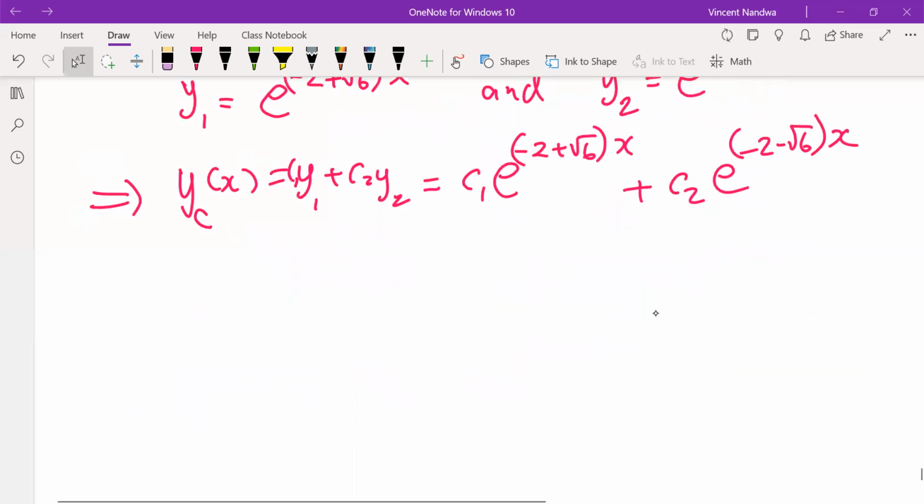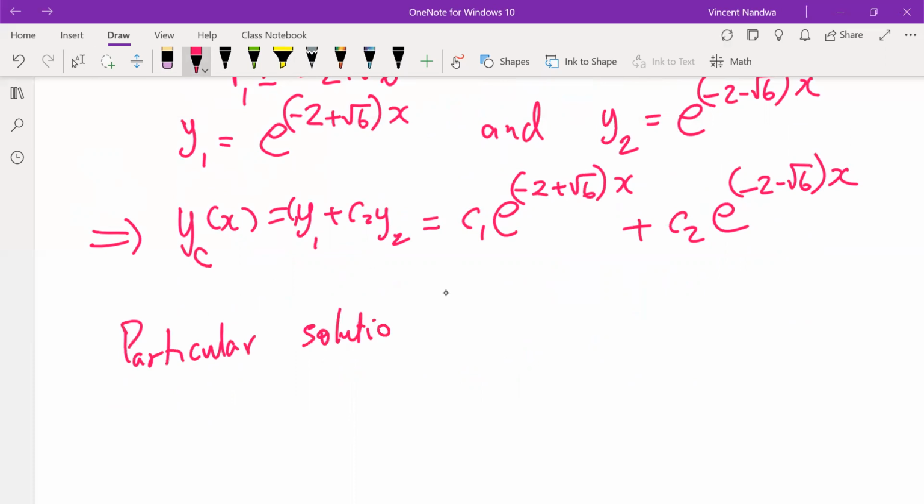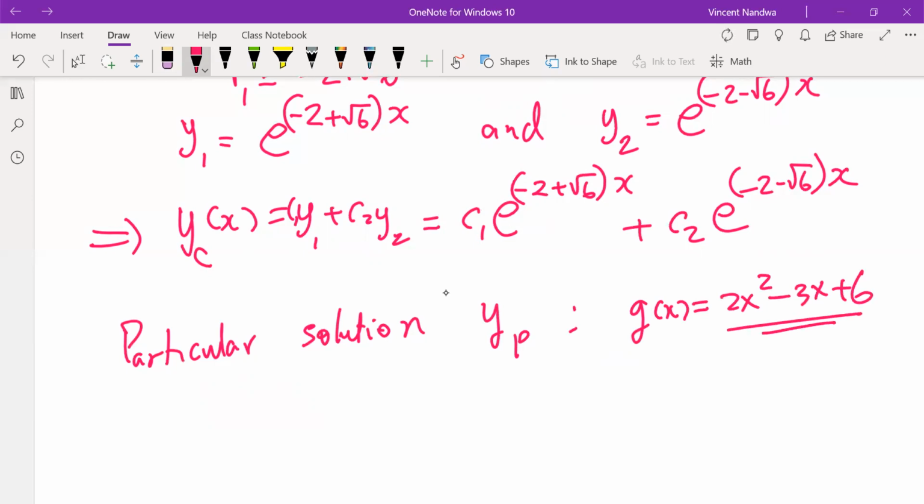Second step is now to find the particular solution. Now, the particular solution yp depends on the structure of the right-hand side, which is g of x given by 2x squared minus 3x plus 6. So this is quadratic.